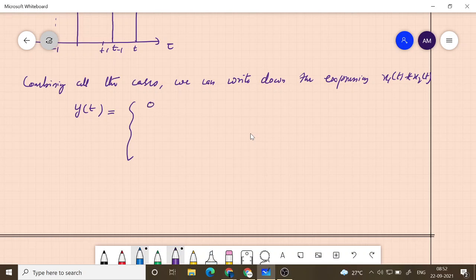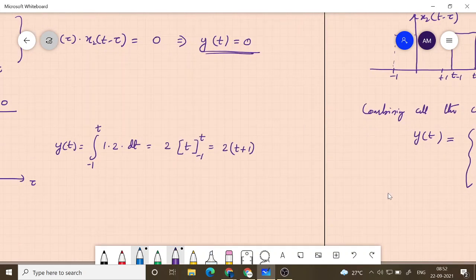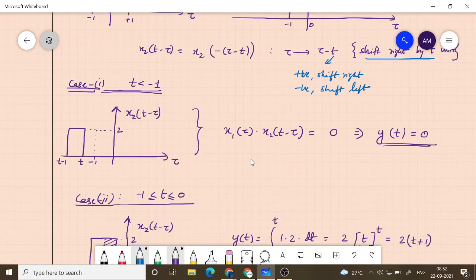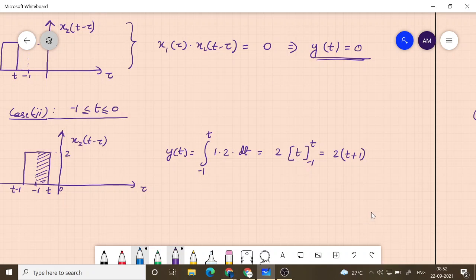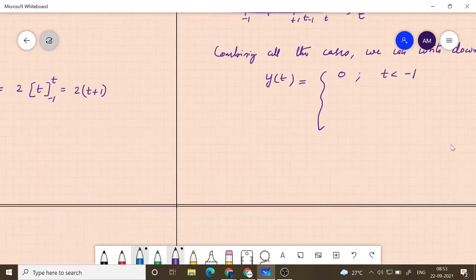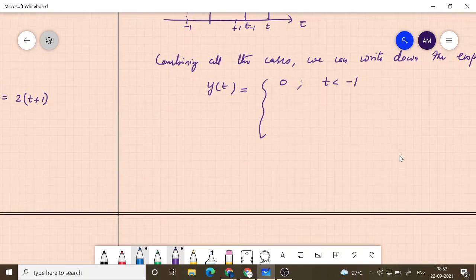Case 1, t less than -1, it was 0. Then from -1 to 0, it is 2 into t plus 1.